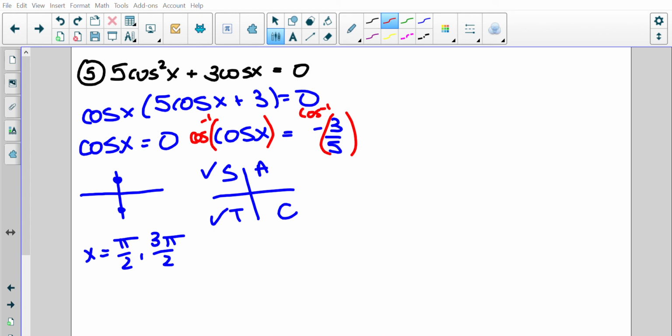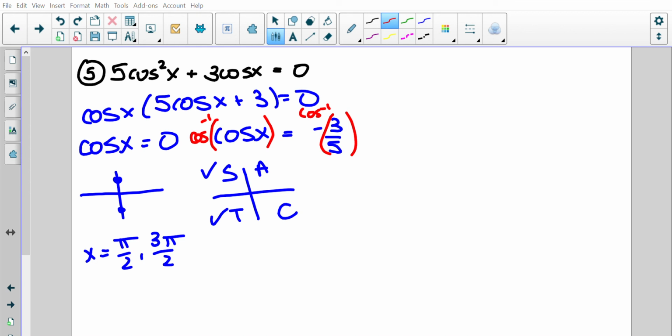So because I'm concerned about quad 2 and quad 3, I'm going to store that as x. And then in quad 2, we have to do pi minus x. So that should give me an answer of 2.214. And then in quad 3, we have to do pi plus x.